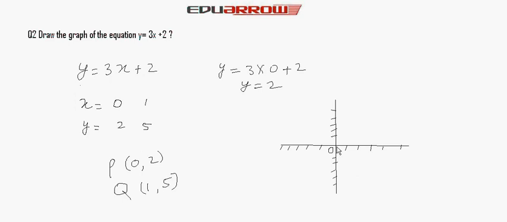This is the point P, and point Q, (1, 5). 1 is here and 5, 1, 2, 3, 4, 5. This is here. This is the Q point, (1, 5). And now join the point P to Q.